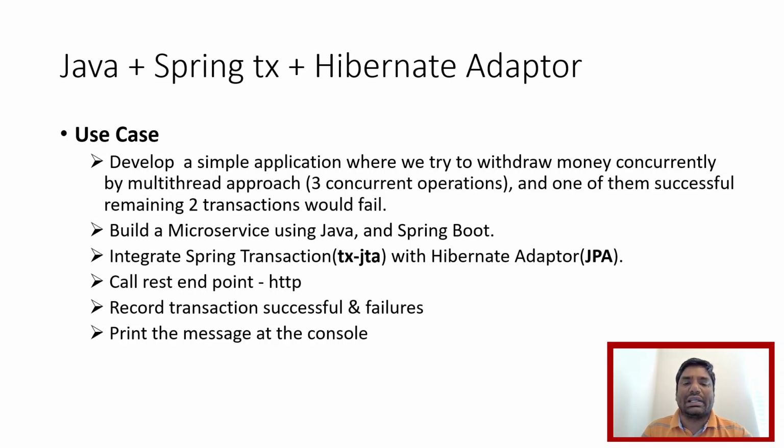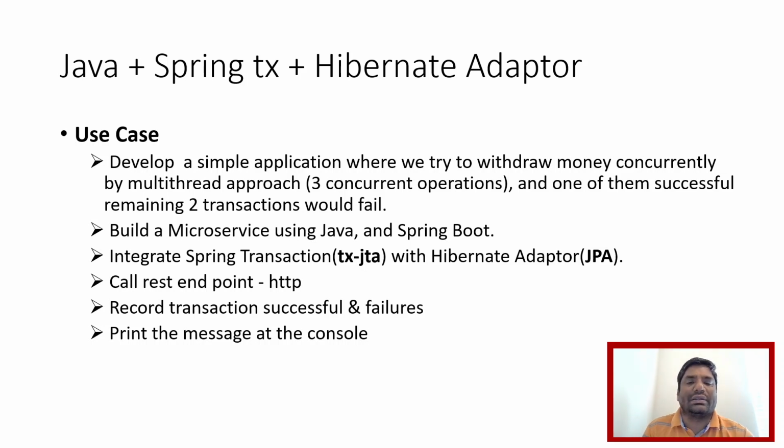I'm also building a simple REST service, an HTTP call, that calls a multi-threaded operation and records the transaction, whether it is successful or a failure. Whatever the state is, I'm printing it on the console. That's the goal of this use case.